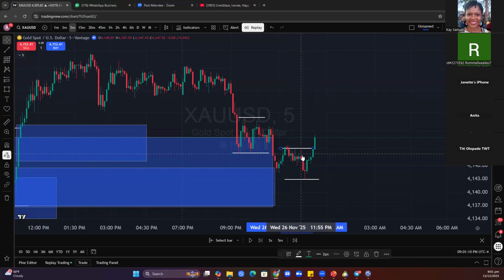So that's my low now, right? It's my lower high here. Okay, this is the low. This is the lower high that created the lower low, right? Price pushes here, pulls back up, created this low, right?